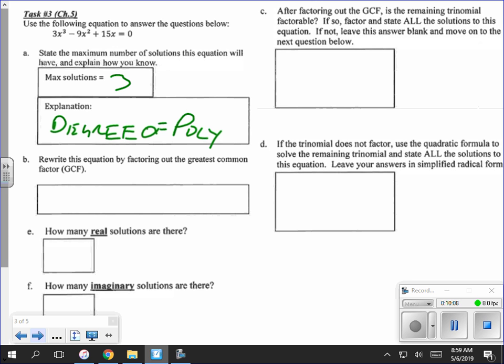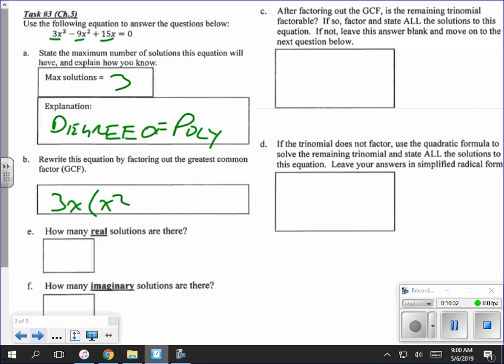Rewrite this equation by factoring out the greatest common factor. So what divides into 3, 9, and 15? 3. X cubed, x squared, and x. Pull out an x, so I can pull out a 3x. And then what's left behind? 3x cubed, I took out 3x, I'm left with x squared.